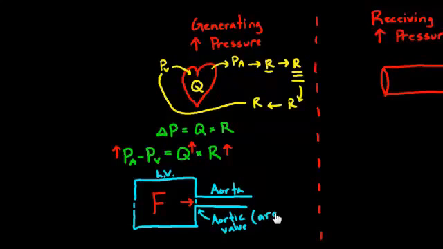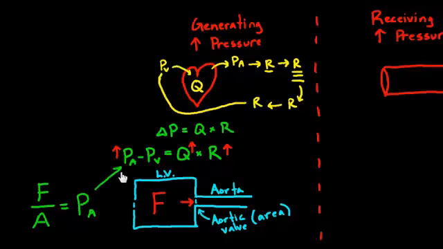Now the aortic valve has a certain area. And if you remember, anytime you have a force over an area, you have a pressure. And in this case, that is the arterial pressure. So when I talk about arterial pressure, I'm actually talking about the force that the left ventricle generates on the area of the aortic valve. So now think about it.